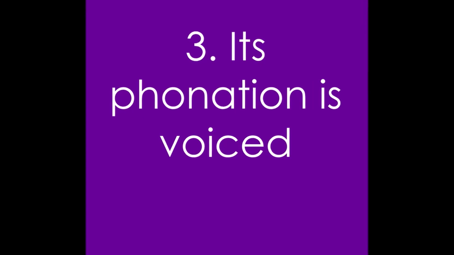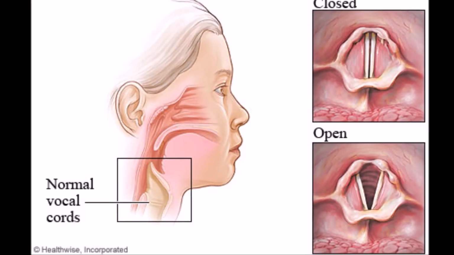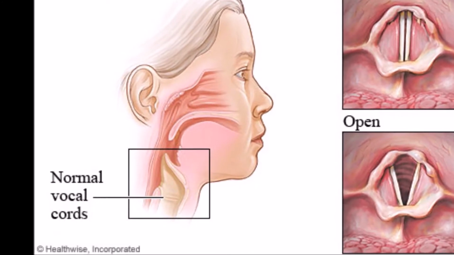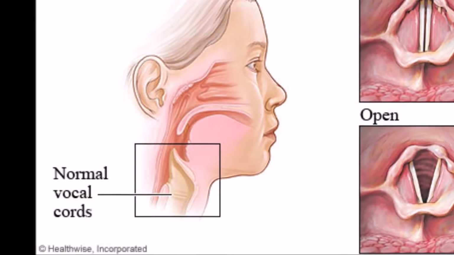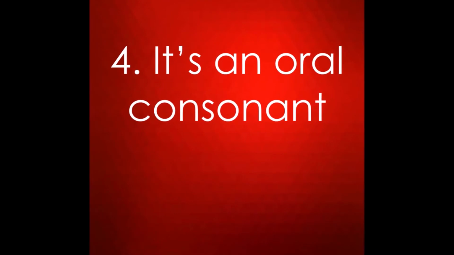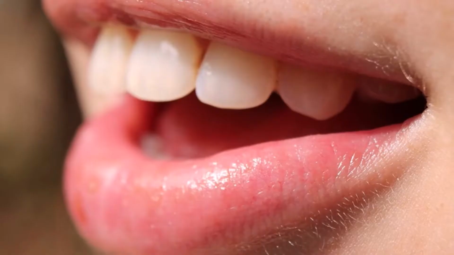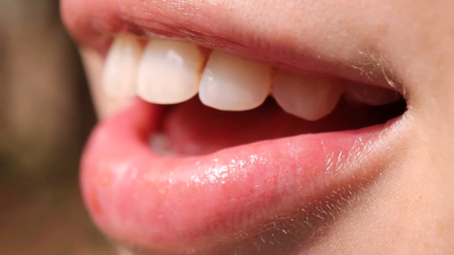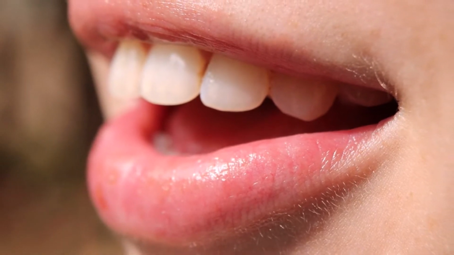Its phonation is voiced, which means we vibrate our vocal cords during the articulation. 4. It's an oral consonant, and that means we allow air to escape through the mouth only.